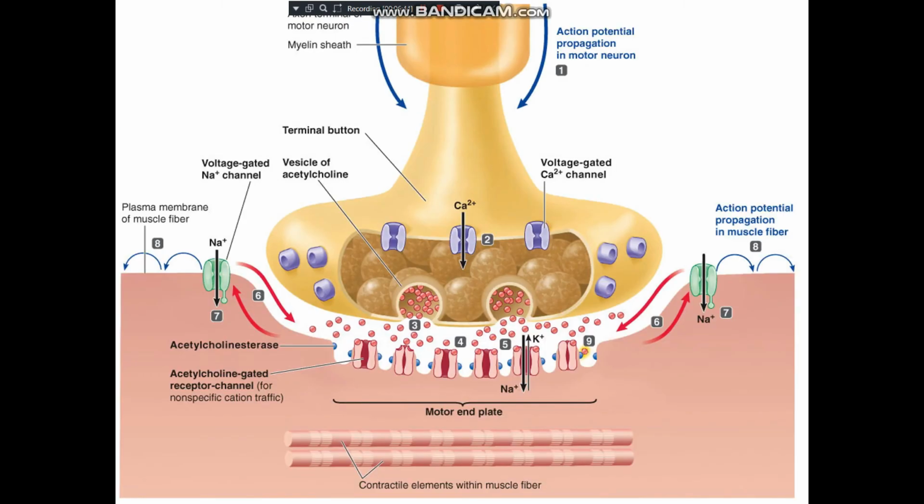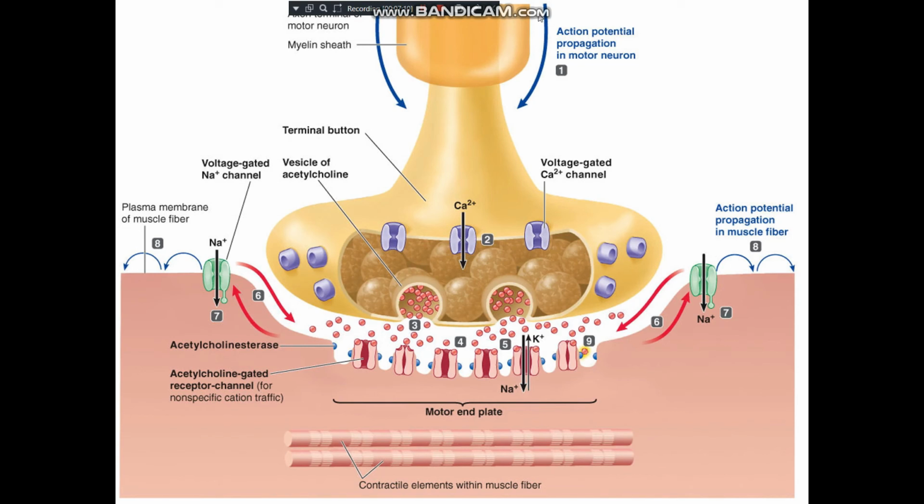So now what happens here? See, this is the neuron. The myelin sheath ends here because in the branches there is no myelin sheath, as I have already told you.